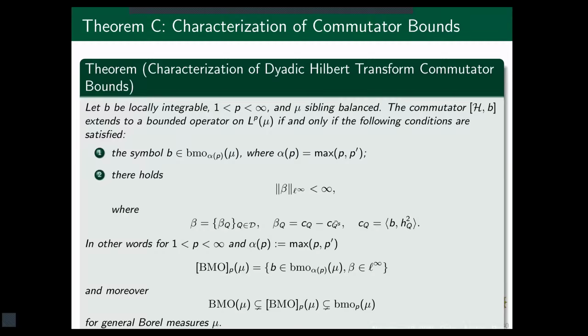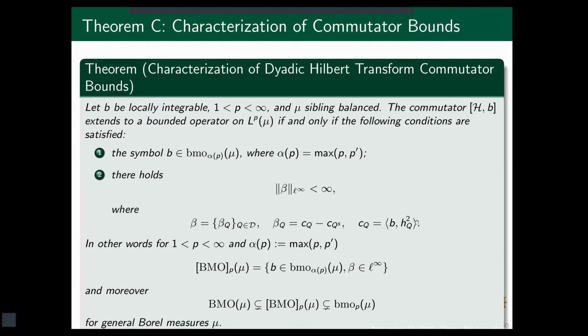So here we're in one dimension. So every dyadic interval is a dyadic cube and it has a unique sibling. And c_Q is the following inner product, B with h_Q squared. Now, if this was just the Euclidean setting, the inner product with h_Q squared would just give you the average of B on Q. But in the non-homogeneous setting, the Haar functions are defined to be orthogonal on L2 of mu.